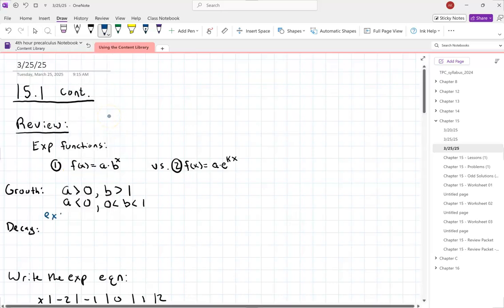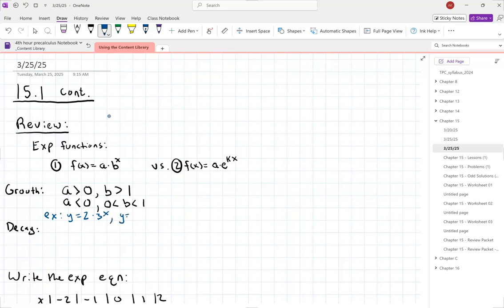So for example, y equals 2 times 3 to the x would be growth. And then y equals negative 2 times 1/3 to the x would also be growth.